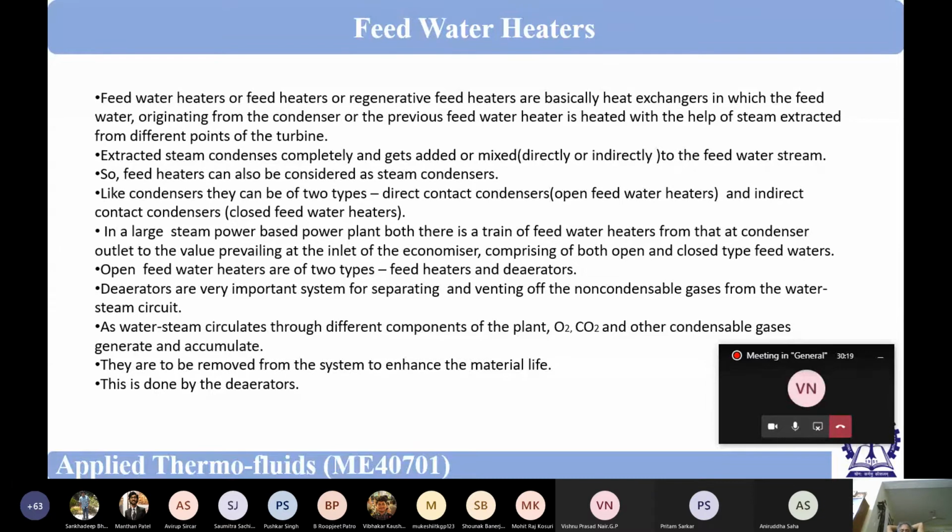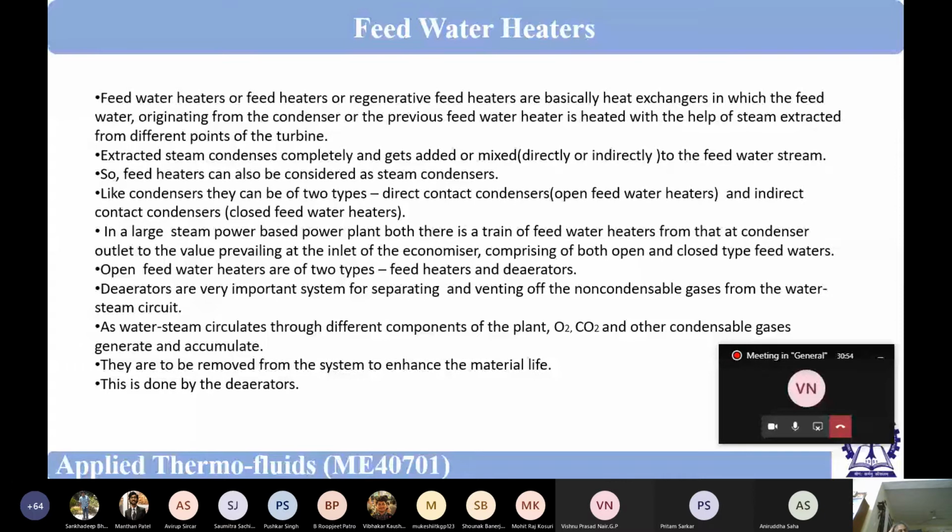Indirect contact condensation is where we send water through a tube and the tube surface gets cold. Steam flows outside the tube and condenses on the tube surface. So the first type of condensers are called direct condensers. The second type are called indirect condensers, or more commonly surface condensers. Steam condenses over the surface of the tube, so they are called surface condensers.